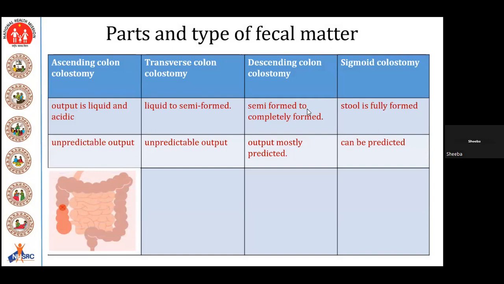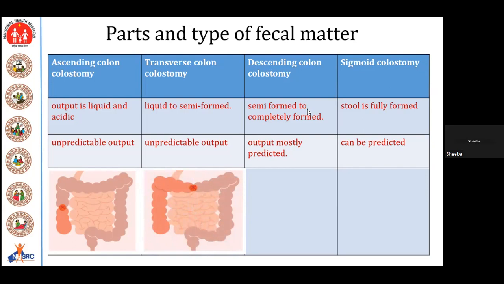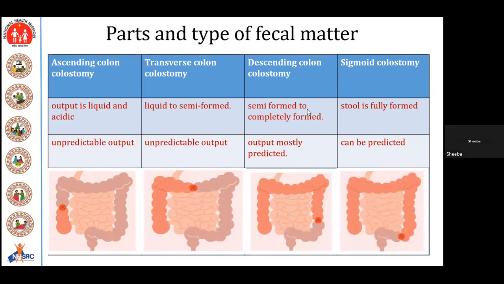If a patient is having an ascending colostomy, the output will be liquid and acidic, and unpredictable. Coming to the transverse colostomy, the fecal matter will be liquid to semi-formed, but here also the output is unpredictable. In the descending colostomy, semi-formed to completely formed stool will be there, and we can mostly predict the output. In the sigmoid colostomy, the stool is completely formed and we are able to predict.